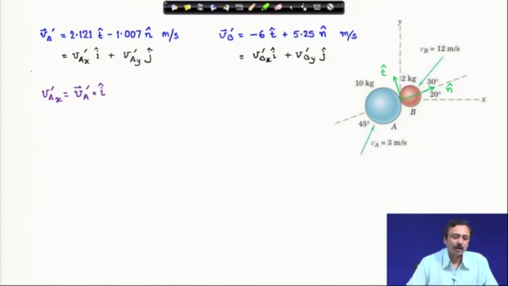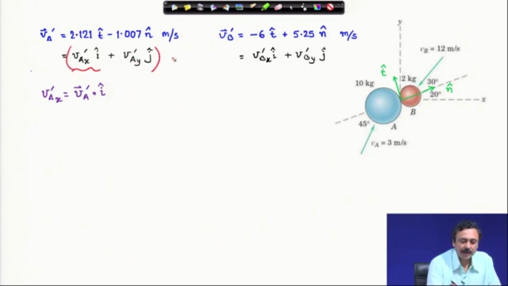Now, what I do is I take the dot product of both these representations. So, suppose I want to find out V A x prime. If I just take a dot product of this with I cap, then I exactly filter out V A x prime, because I cap dot j cap is 0.